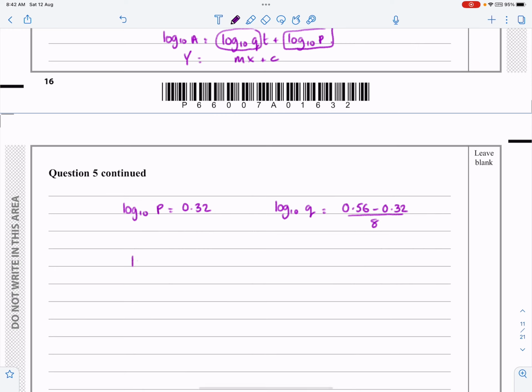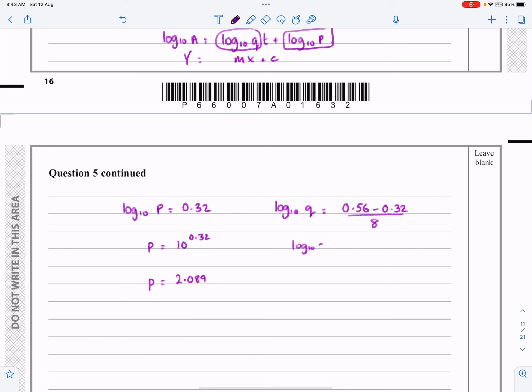If I've got log A, B equals C, I can change that into a power statement, and the power statement's simply going to be A to the power of C equals B. So if I do that, I will get P equals 10 to the 0.32, and that gives me that P works out to be equal to 2.089, and we want it to 3 decimal places.